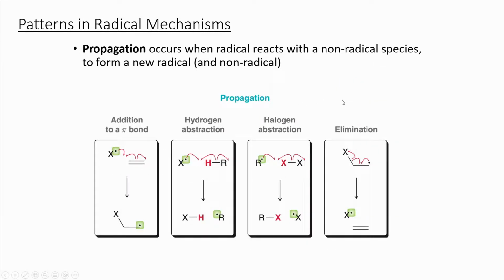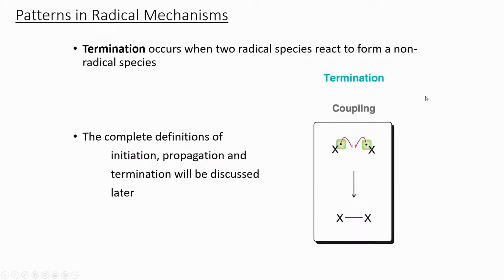The propagation step starts with the radical and ends with the radical. During the propagation, no radicals are destroyed overall. And then finally, the termination step, where we take a radical species and form a non-radical species. This often occurs when 2 radicals bond together to form a new sigma bond.